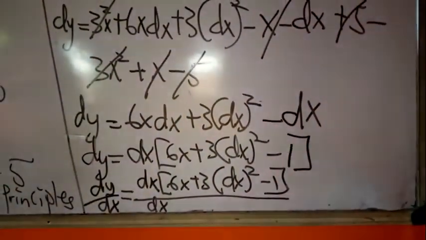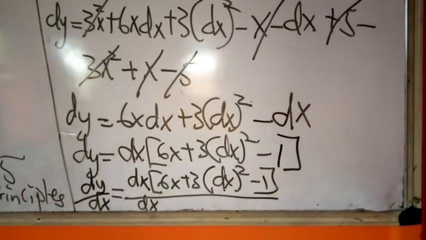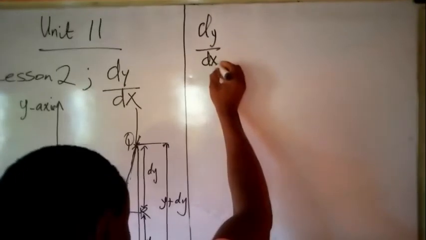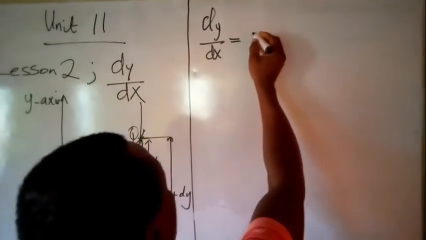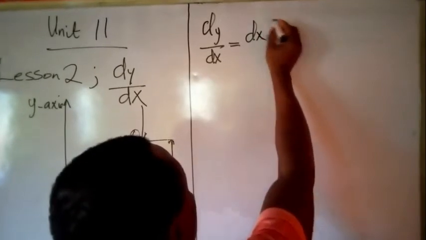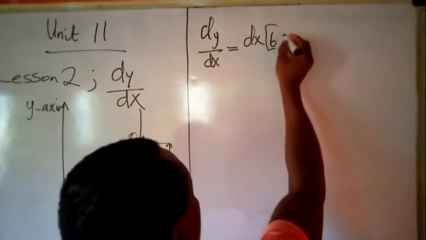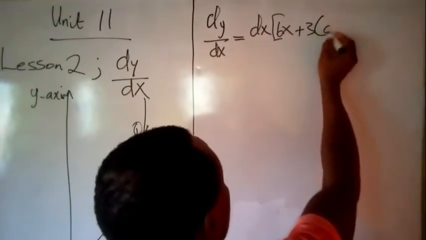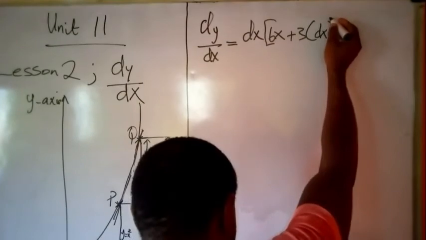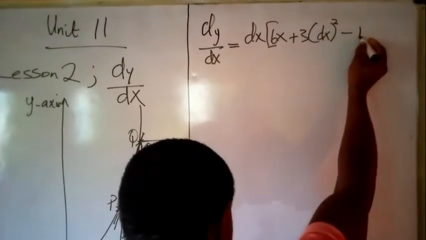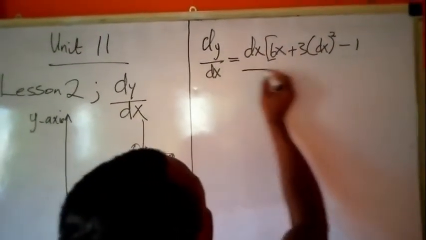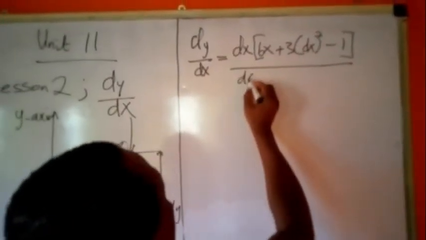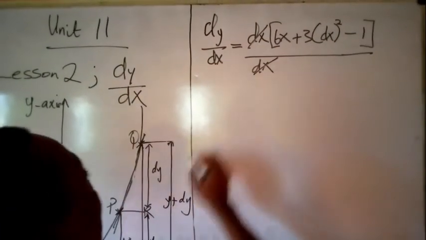Then we are going to clean the top. So we can say now dy dx equal to dx into 6x plus 3 into dx all squared minus 1 all over dx. The dx will cancel the dx.